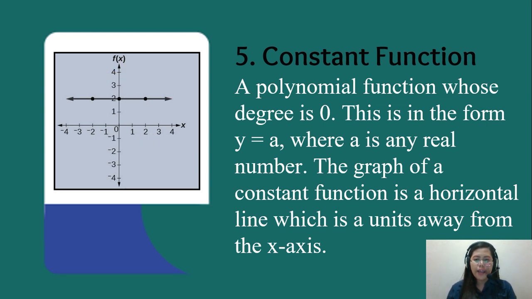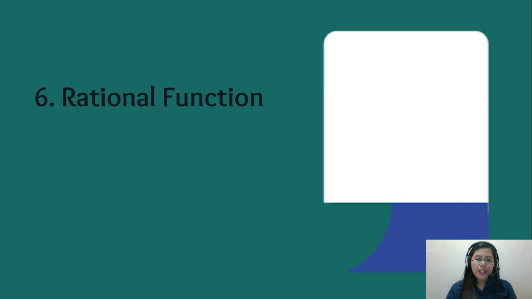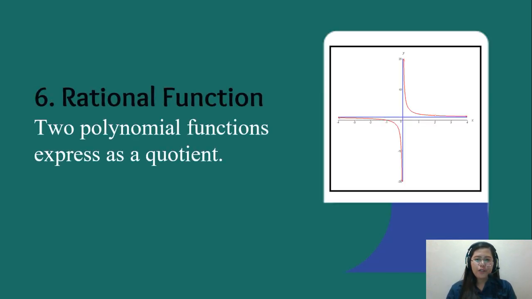Ang degree niya po ay 0. And then, yung form ng kanyang graph ay y is equal to a. So, naka-lie lang po siya sa y-axis. Okay? Kaya kasi pahiga po siya. Next, we have a rational function. So, tandaan lang po natin, si rational function. Two polynomial functions expressed as a quotient.